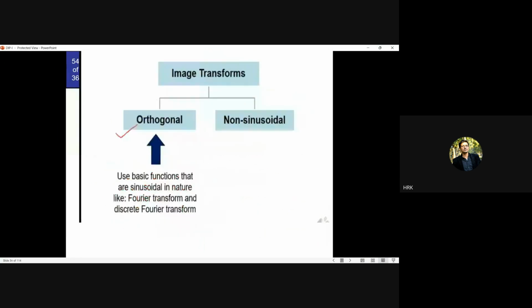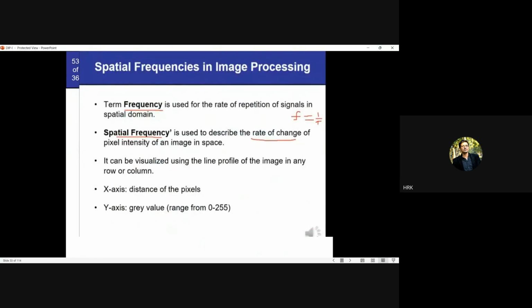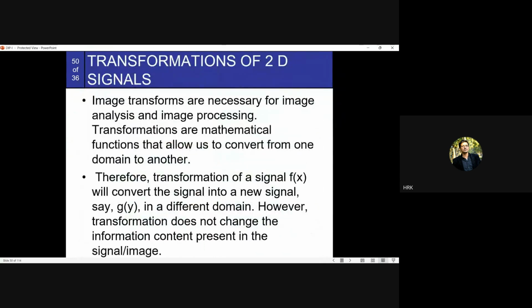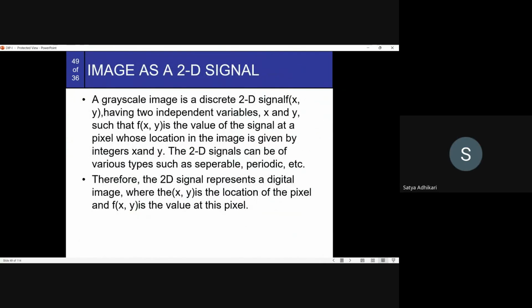You see, the 2D signal can be of various types such as separable. You see the last line of the first point.